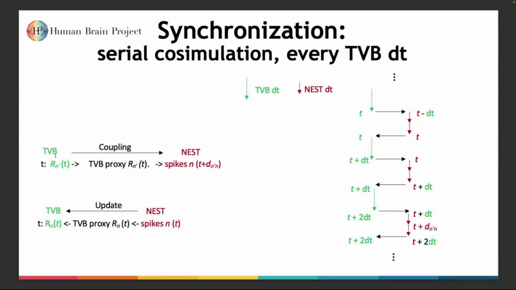In that case, when we send TVB data to Nest, we send, let's say, rate data at time t, and these are converted to spikes that are going to be probably applied with some time delay. And when we update spiking activity at a specific time moment t, this will be converted to a rate of the same time moment.